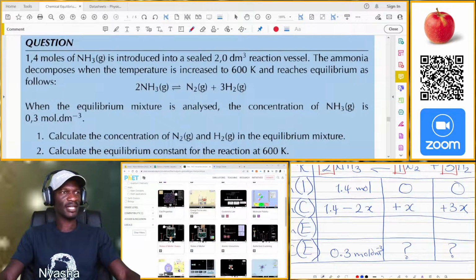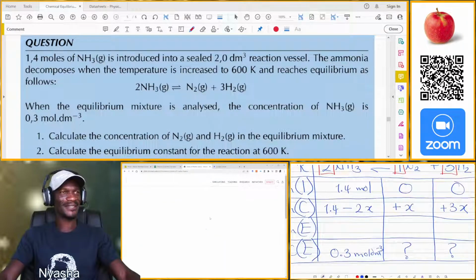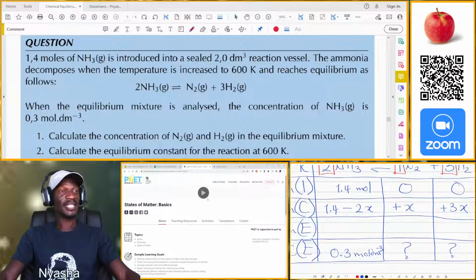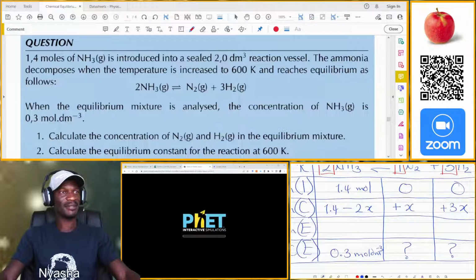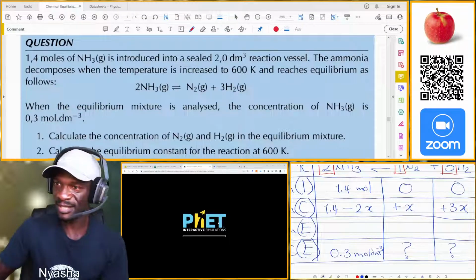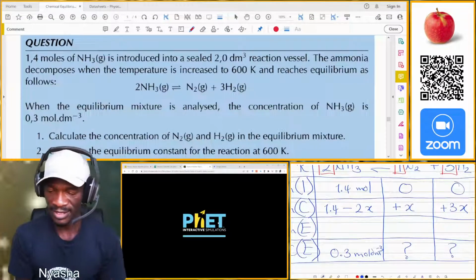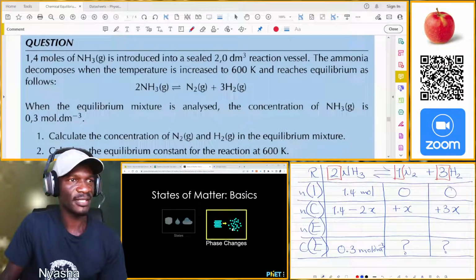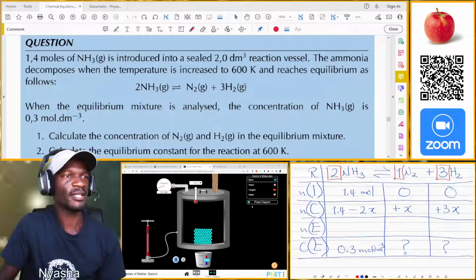So we've got something like this. We just want to make sure that we can see what is actually taking place in the first place, right? So this is the chemical reaction that is taking place. This is phase changes. We just have some gas and then we heat it up.